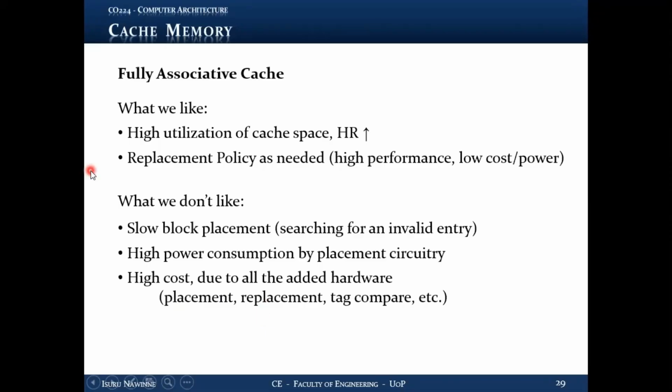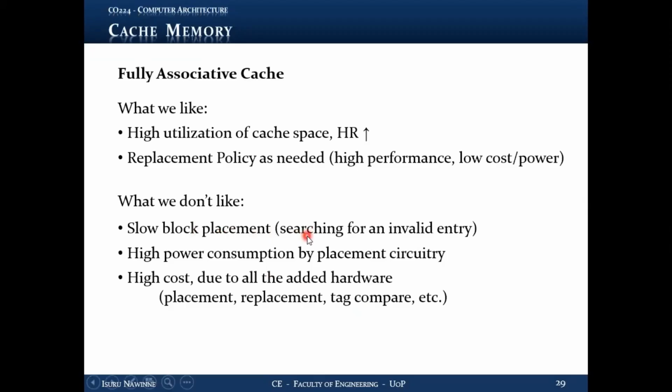You need more hardware. You need to store more information with the cache entries, and more hardware to use that information and make decisions, and parallel tag compare in order to determine hits, right? And certain other things as well. So for fully associative caches, the cost is going to be high. The cache controller is going to be bigger, more complex, consume more power, and the block placement can be slow.